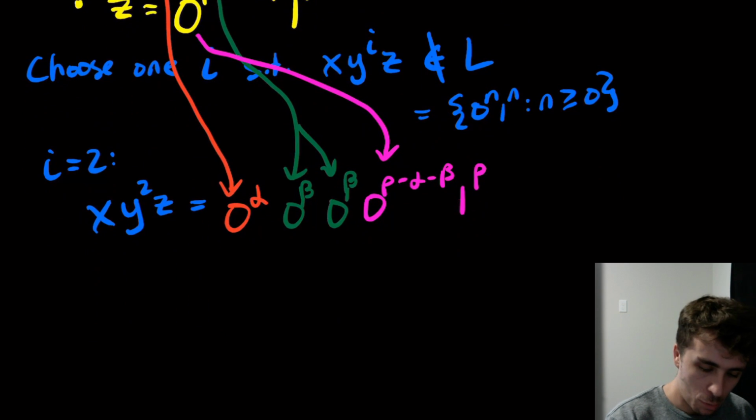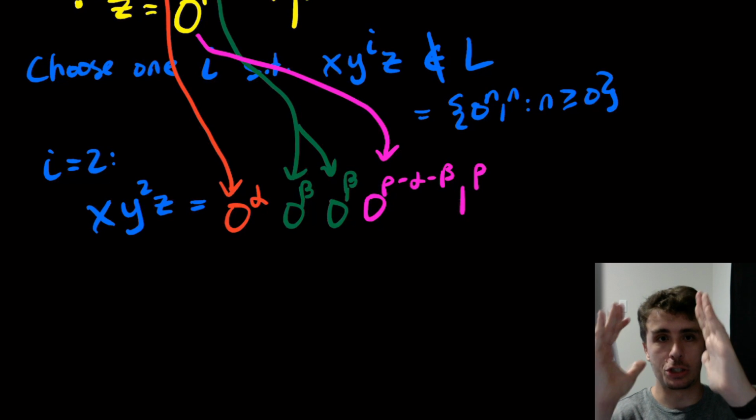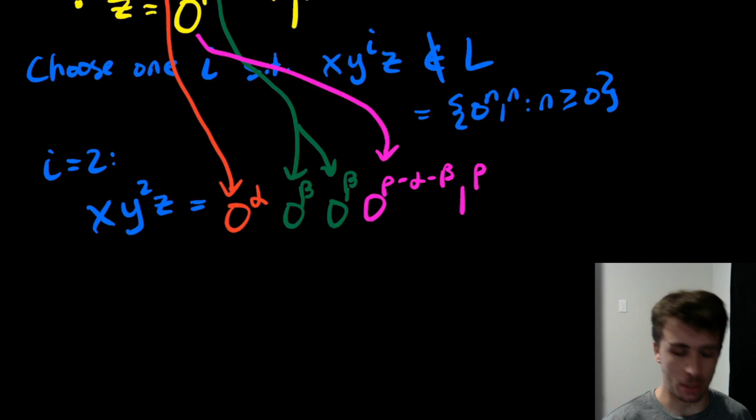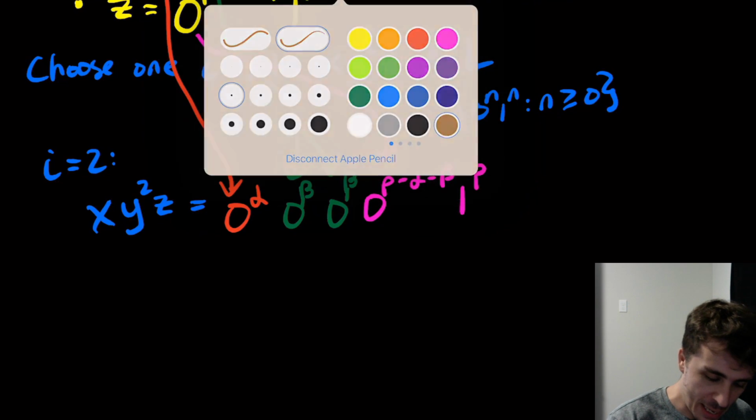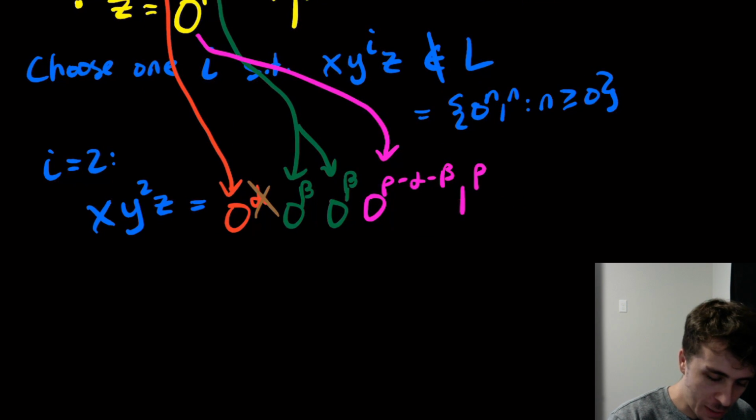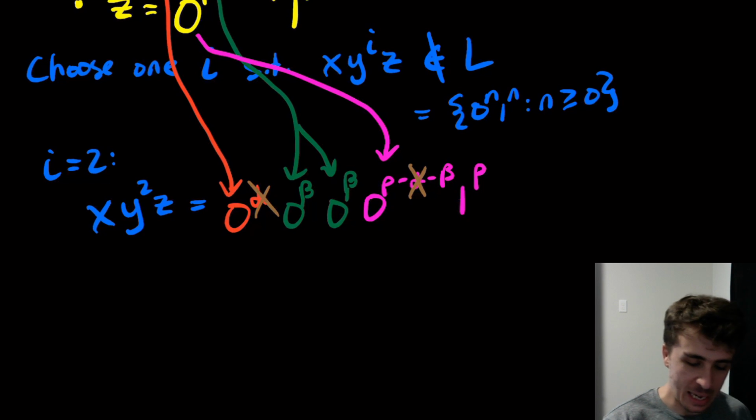Okay? Well, there's a lot of 0 segments here. What I do is I just squish them all together. Just add up all the exponents together. Well, what we can see is that the alphas are canceled because I have a plus alpha here and a minus alpha here.